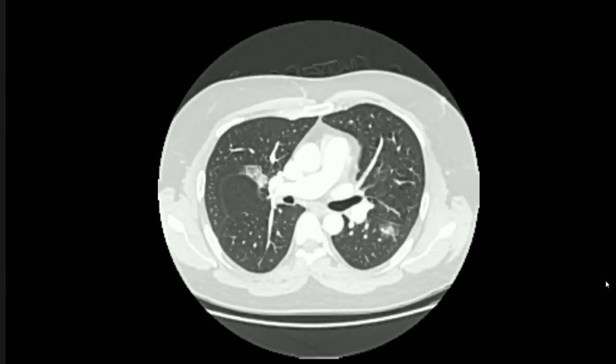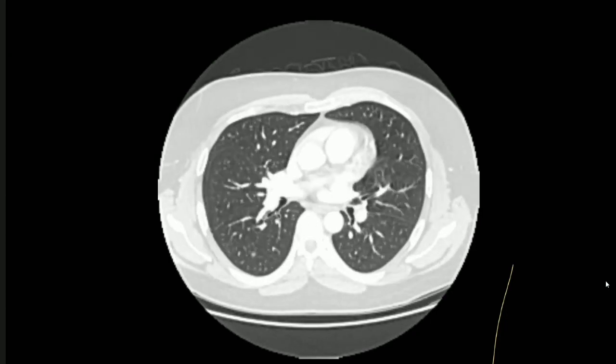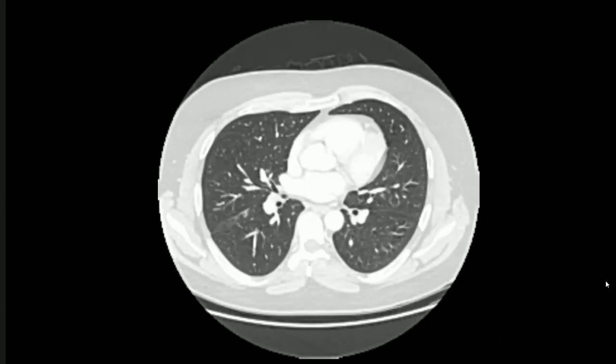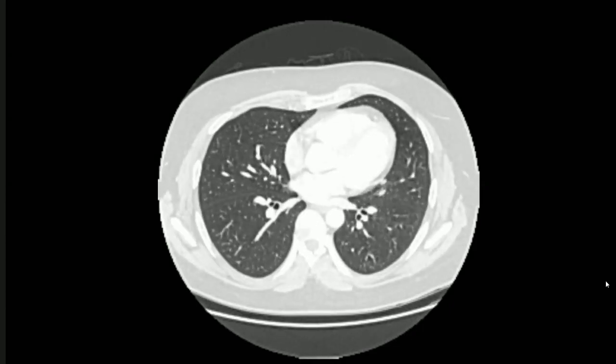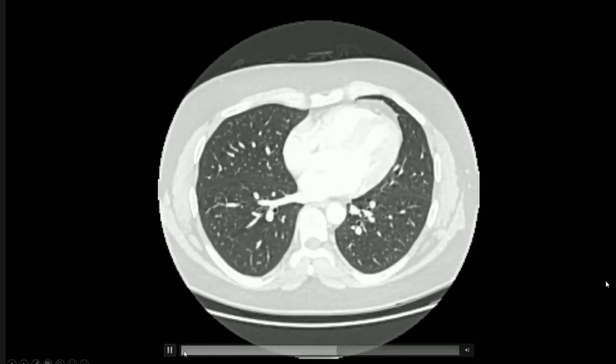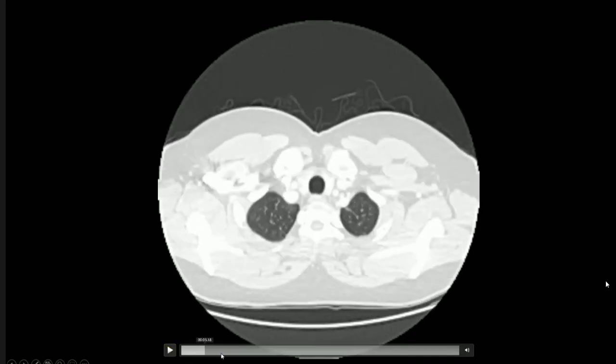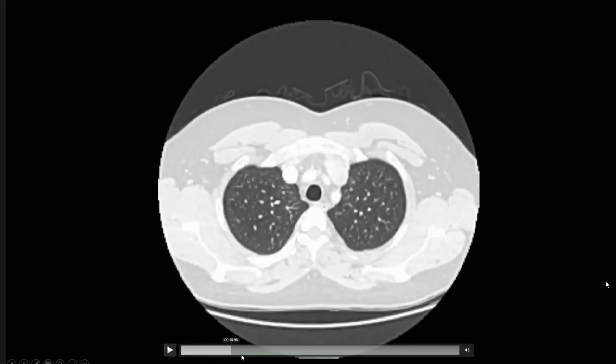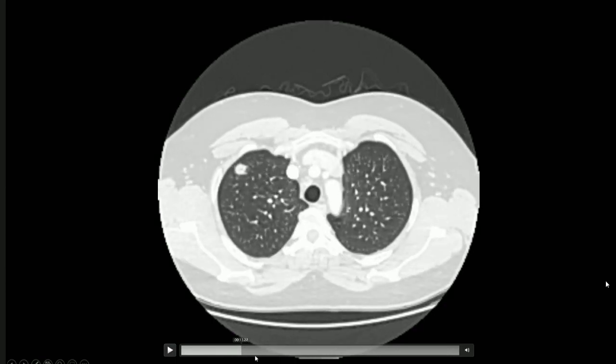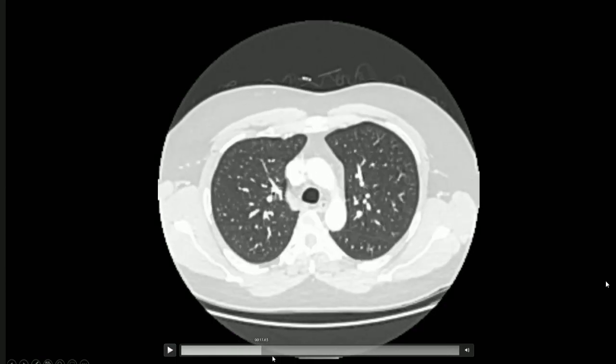I'm provided with the CT scan post-contrast axial images of the chest. Multiple soft tissue density nodules are seen, at least two on the right side and one on the left side. One of them near the perihilar region is showing a cavitation inside it.